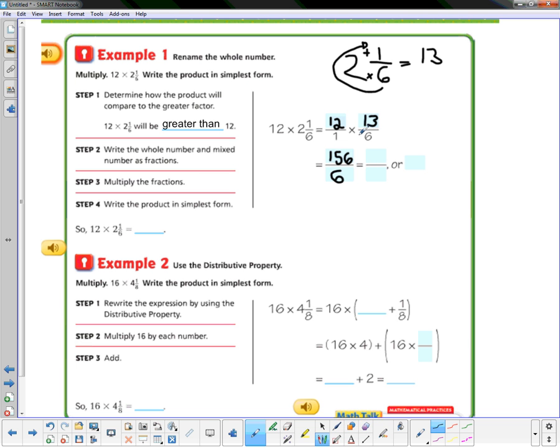Boy, look at that problem. I definitely know that needs to be simplified because it's an improper fraction now. We've got a bigger number on top, smaller number on bottom. We really need to simplify this. So let's go 156 divided by 6. Can 6 go into 1?